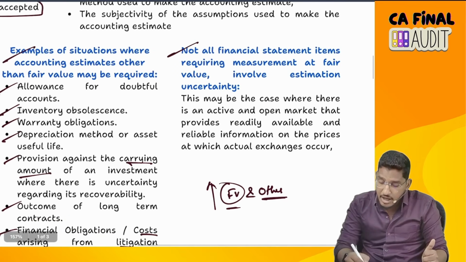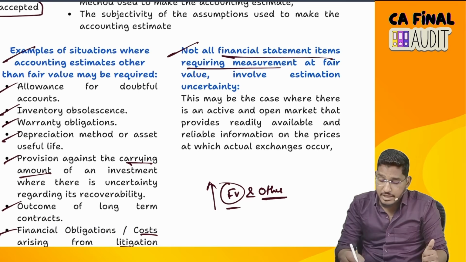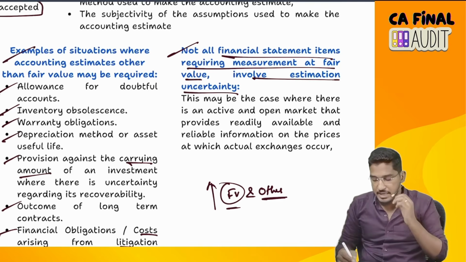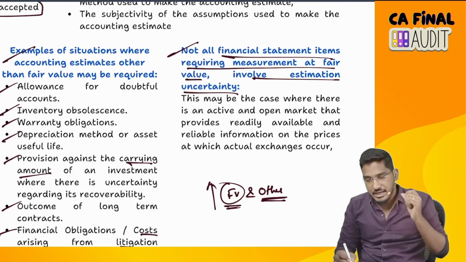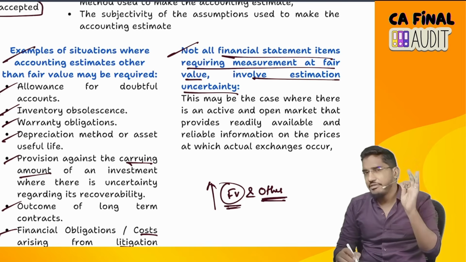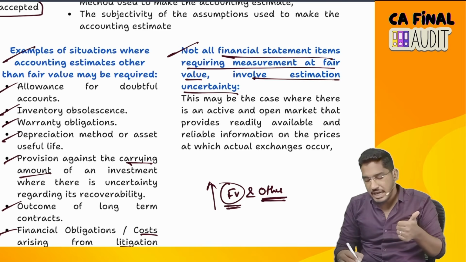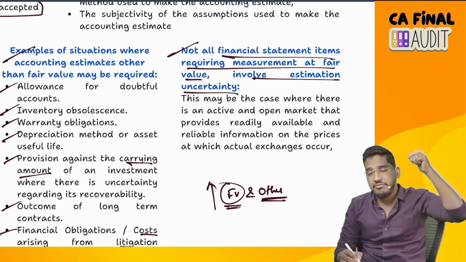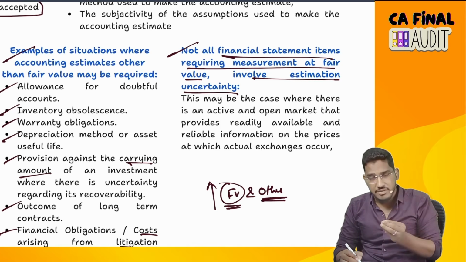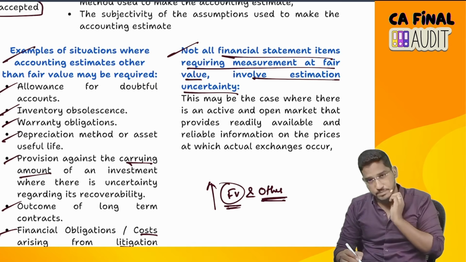Like they say here, not all financial statement items requiring measurement at fair value involve estimation uncertainty. Generally, as a common statement, if I have to pick between fair value estimates and other estimates where the estimation uncertainty will be high, generally fair value. But it is not a thumb rule that every fair value estimate will have a high estimation uncertainty. There will be some fair value estimates where estimation uncertainty will be low.